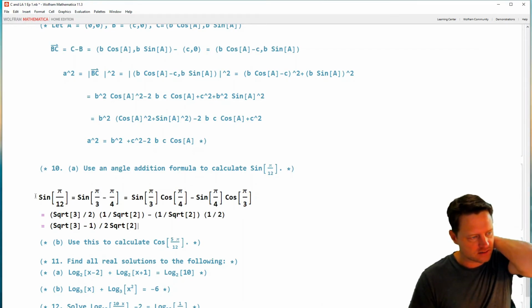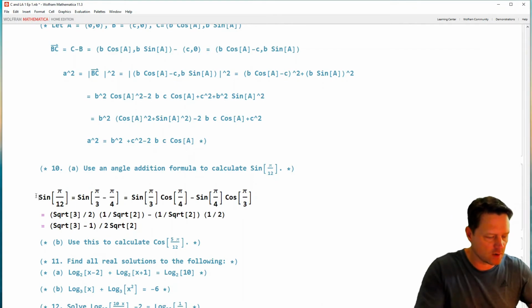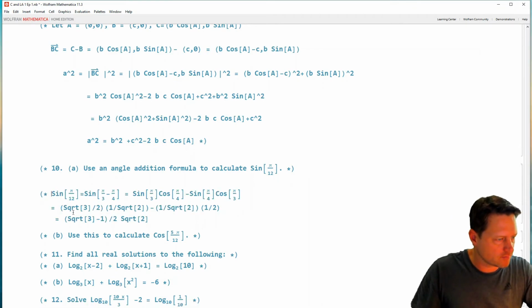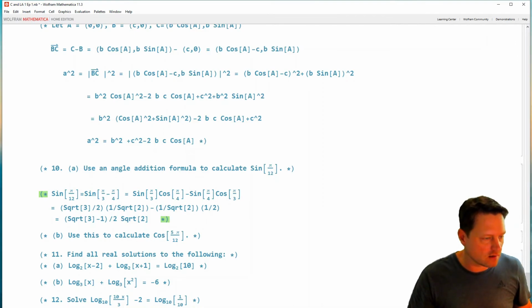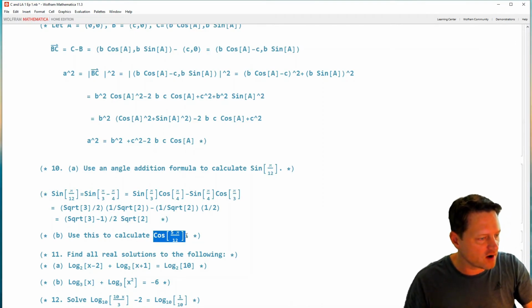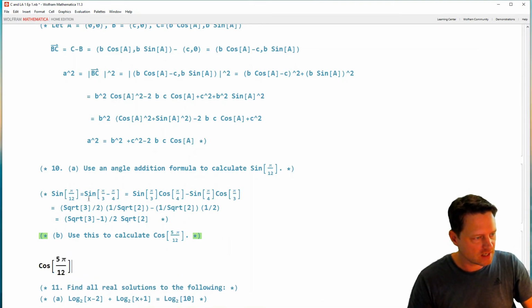The next one says use this to calculate cos of 5 pi on 12. Okay, let's do that. Now 5 pi on 12, so we can view 5 pi on 12, in terms of pi on 12, as, let's see, so what would it be? Plus pi on 12.